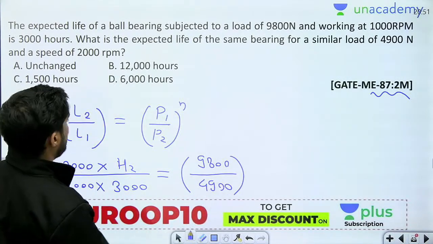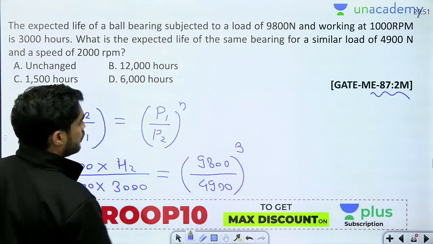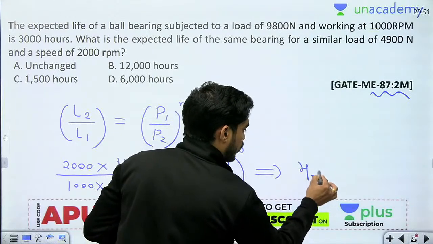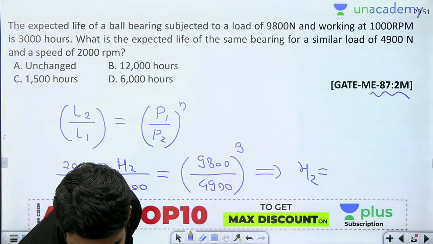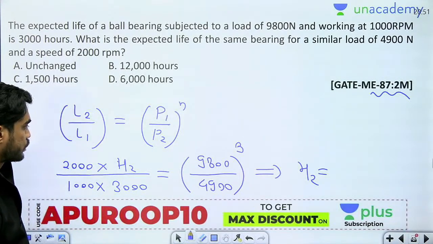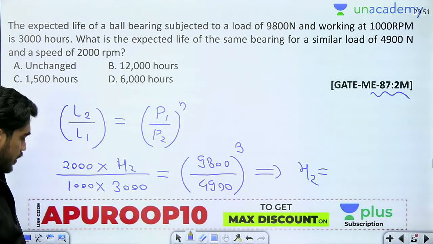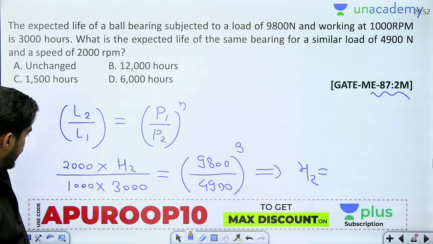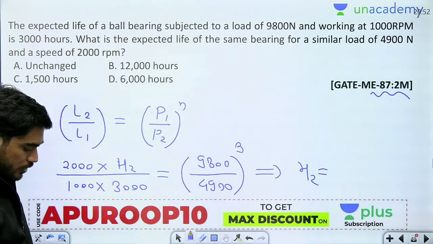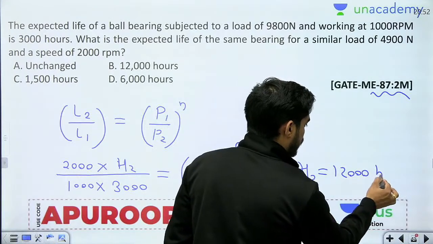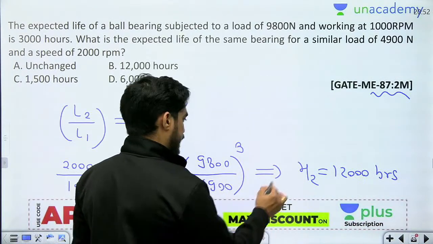What is n? n is 3. So from here you will get H2, the second hours. How much is coming? 8 into 1000 into 3000 divided by 2000. H2 will be 12,000 hours.